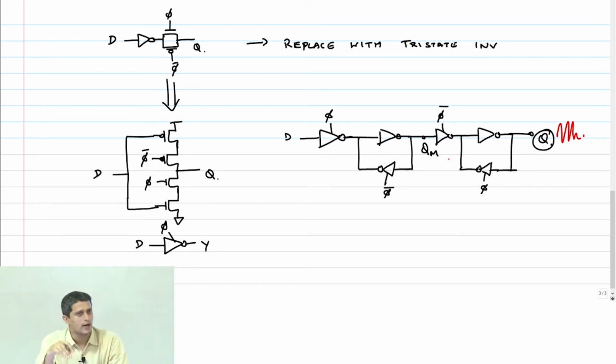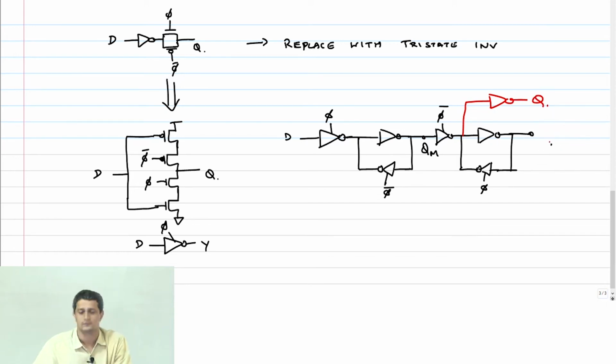In order to avoid that, what you do is you isolate this output in the following way. You add another inverter and make Q available here instead of here. Which means now Q is what is going to connect to the next gate, and any noise will affect only this guy. This internal node is not going to be available to the next circuit.